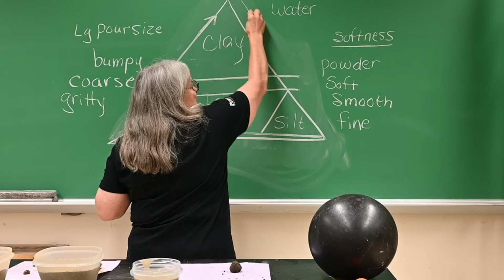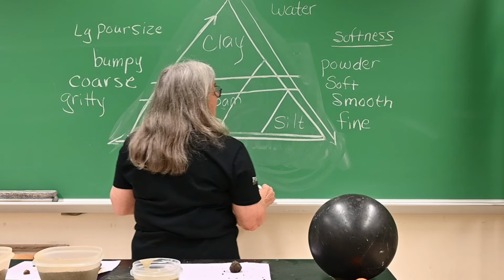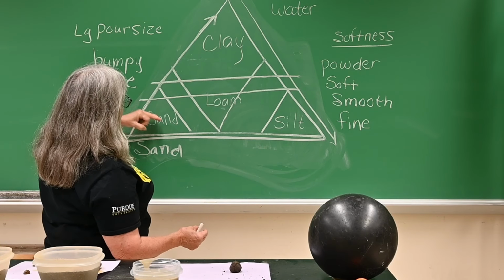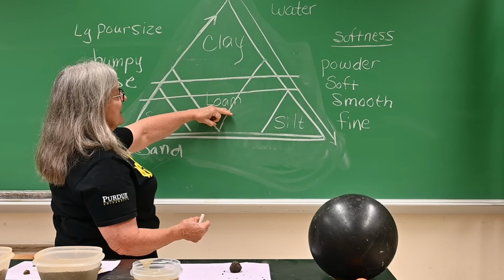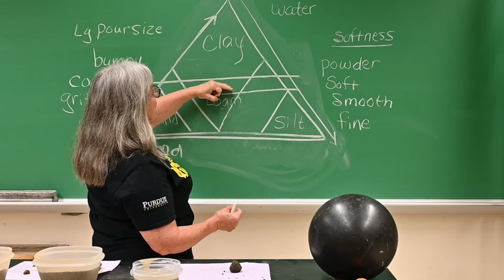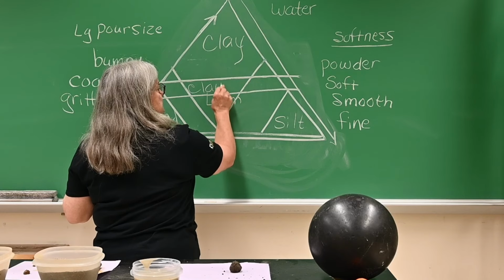And as we come down in this direction, we're increasing our silt. And so when we're basically coming up, when we have everything together, we have a loam. If we add just a little bit more clay, then we come up here, we've added this, and now we would have a clay loam of some sort.